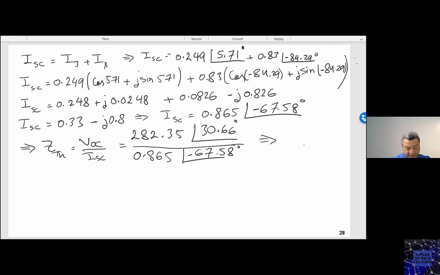So Z Thevenin is 326.42, with angle 30.66 plus 67.58, which is 98.24 degrees.